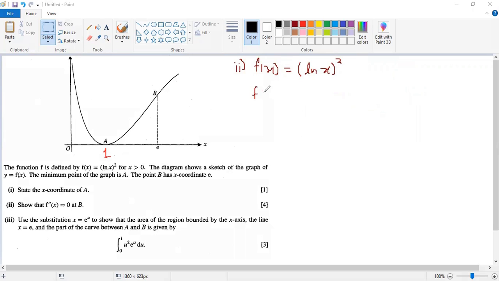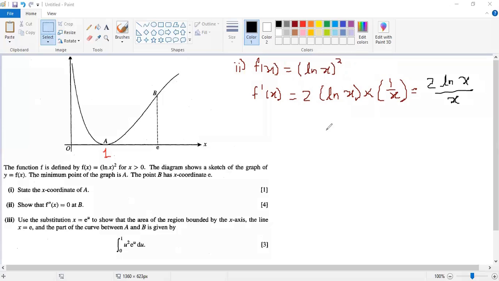So when you do the first differential, imagine the 2 in front, like you're differentiating x squared. So ln x to the power of 1, and then chain rule, you multiply by differentiating inside. Differentiating inside, ln x becomes 1 over x. So that means f'(x) is 2 ln x, and then the whole thing over x.